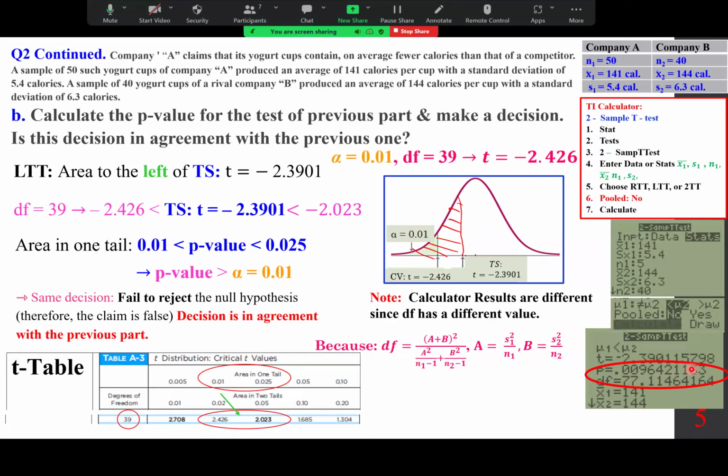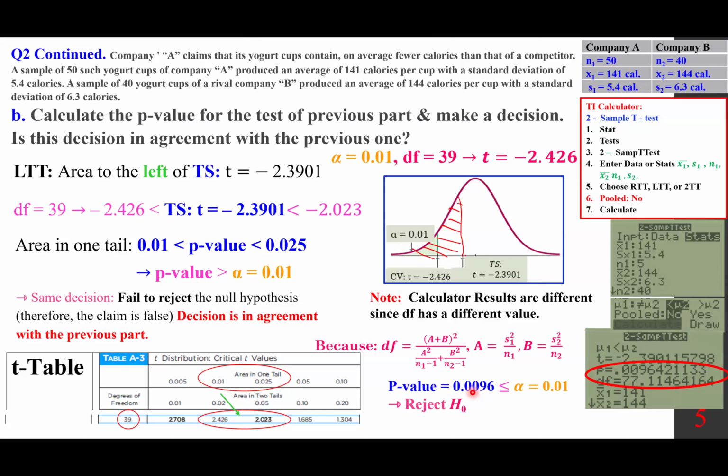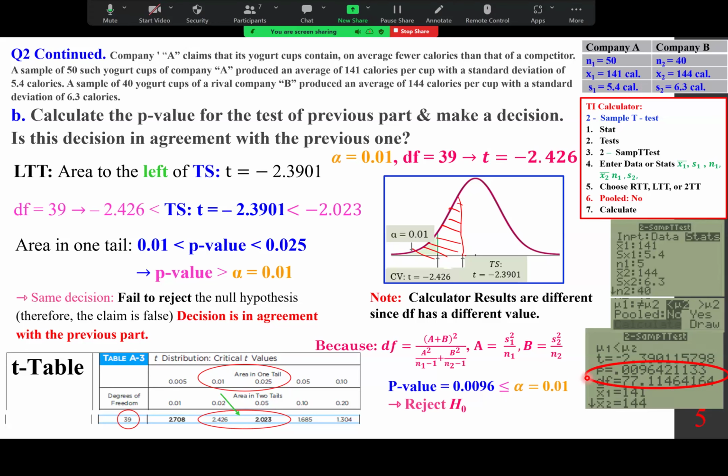Now the result is different because the p-value, which is 0.009642, is less than alpha 0.01. Needless to say, it's almost the same, because if you round here, it becomes 0.01. And you reject H0. Again, I can't emphasize this enough: if you do not assume equal variances, so you go with different variances, the degrees of freedom will be different, and it's pretty difficult to calculate.